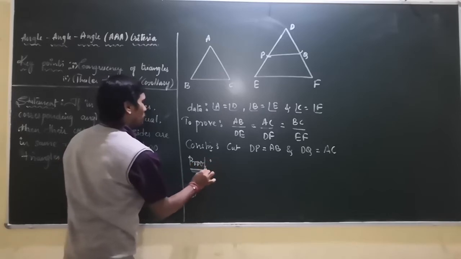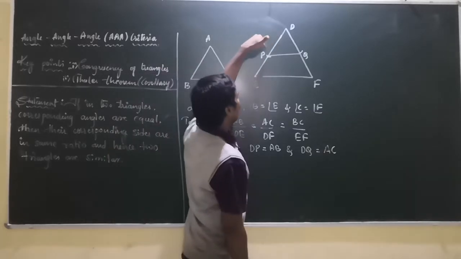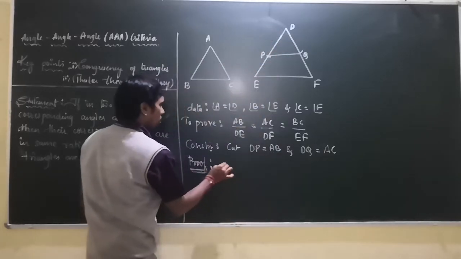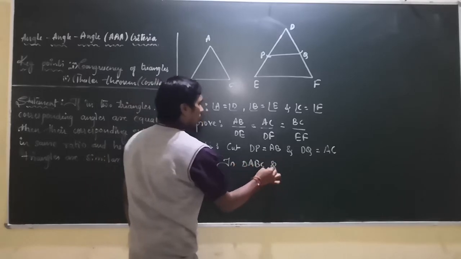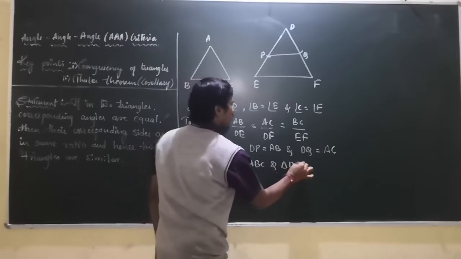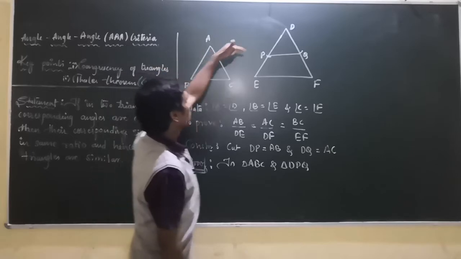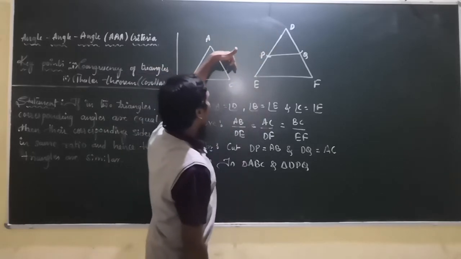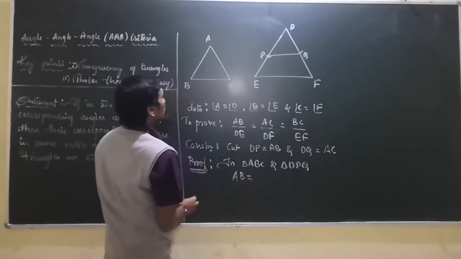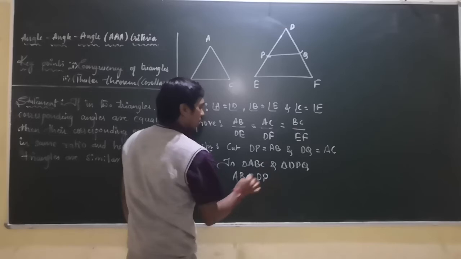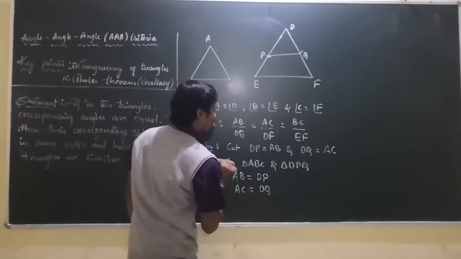Proof. First, I'll consider triangle ABC and triangle DPQ. In these two triangles, we already know from the construction that AB is equal to DP and AC is equal to DQ.